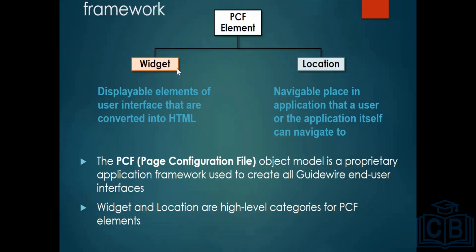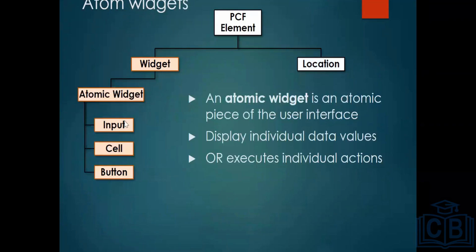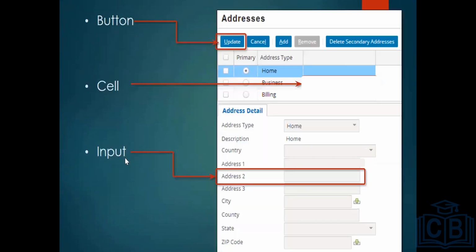There are two types of widgets. One is the atomic widget, which will contain input, cell and button. Another is an input, which is any text input or create field. A button is a button, and a cell is a specific piece of information which we store in a particular table.